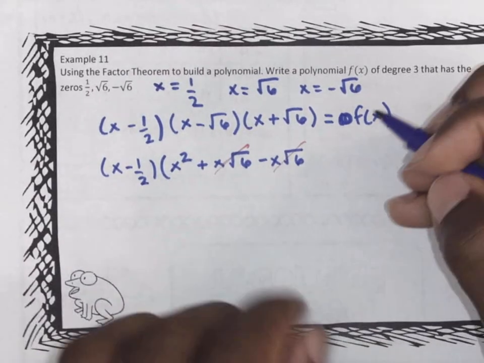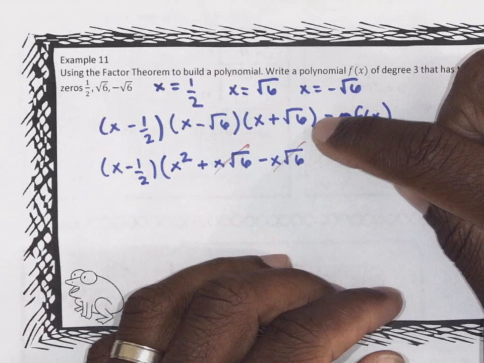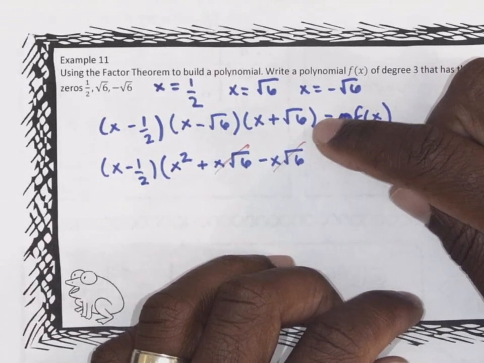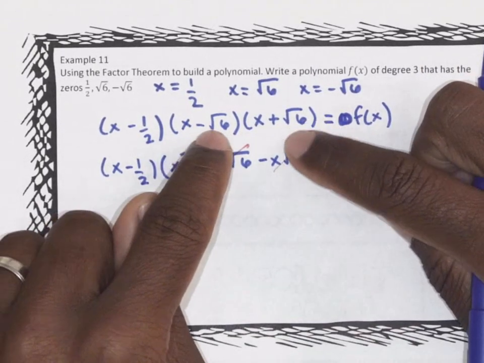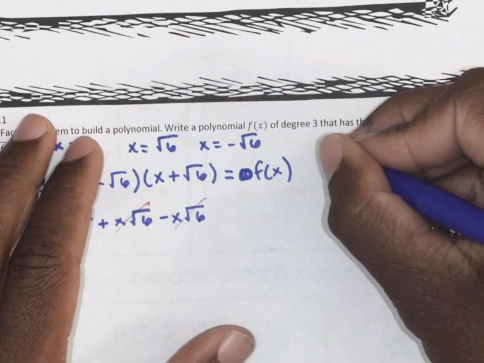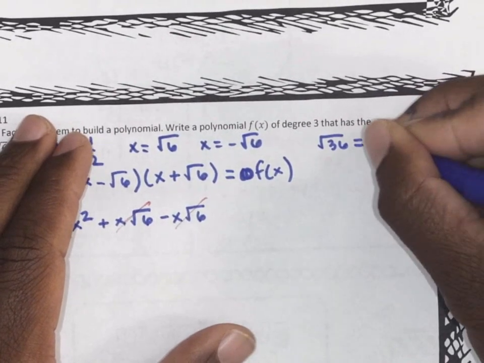And then last times last, negative root 6 times positive root 6. Well, what's root 6 times root 6? 6. Good job. Since they both have the same radical, you multiply what's inside of them. That would give you square root of 36, which is 6.